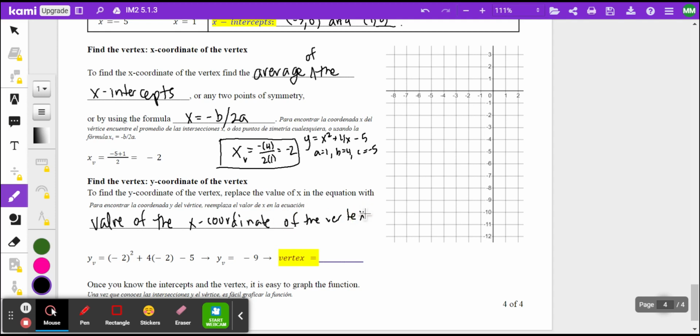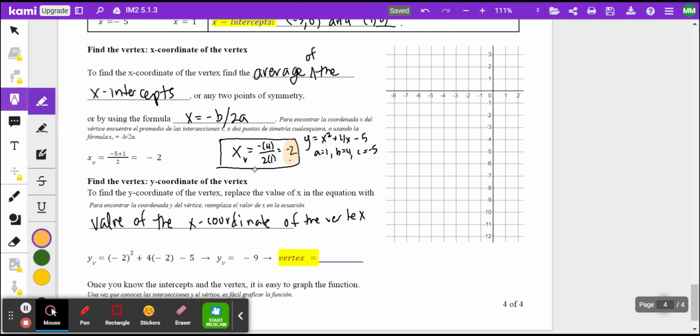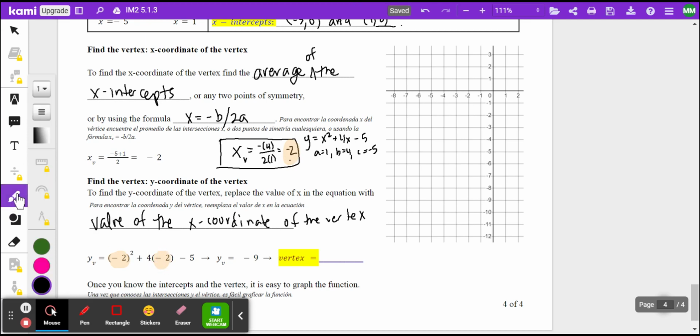So our x value was negative 2. And so we plug negative 2 into our equation, and we get the result of y equals negative 9. And therefore the vertex is at negative 2, negative 9.